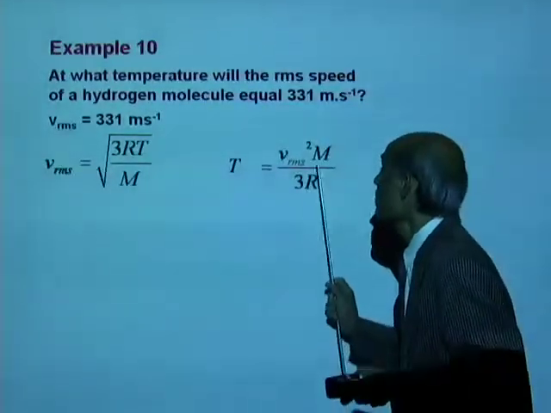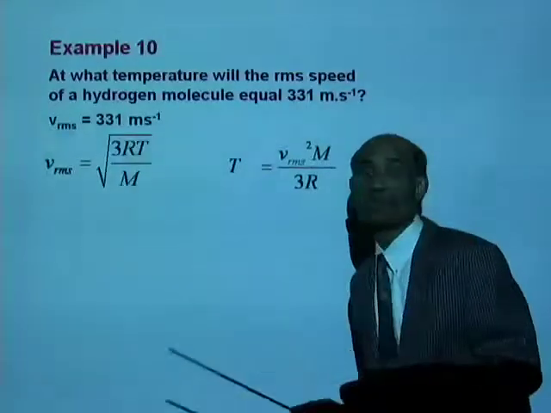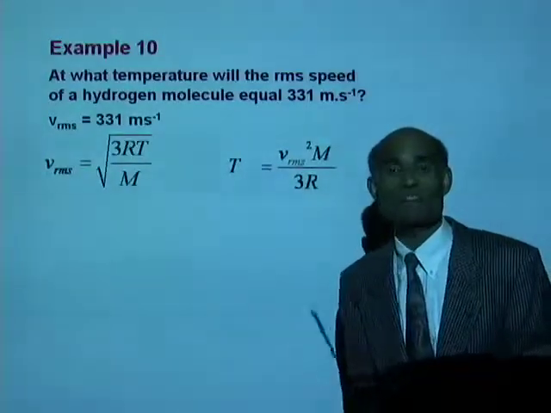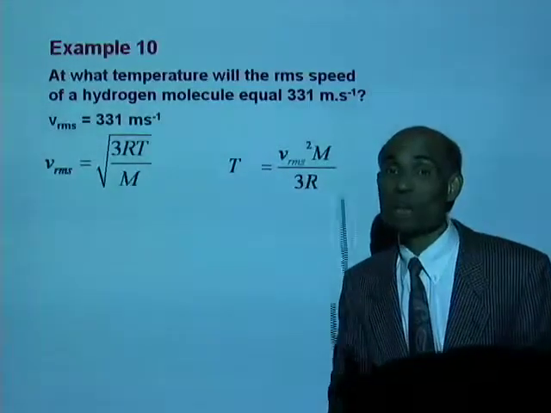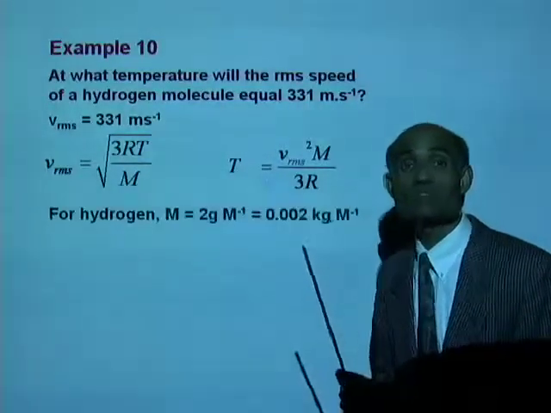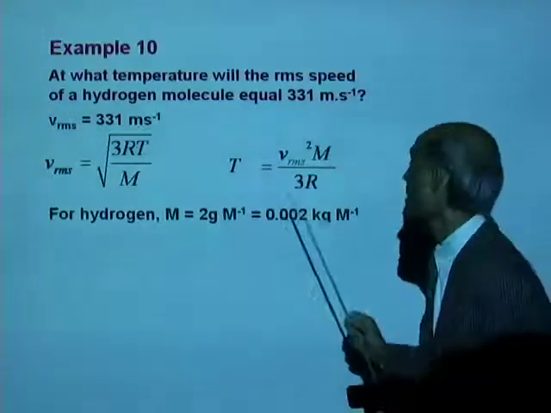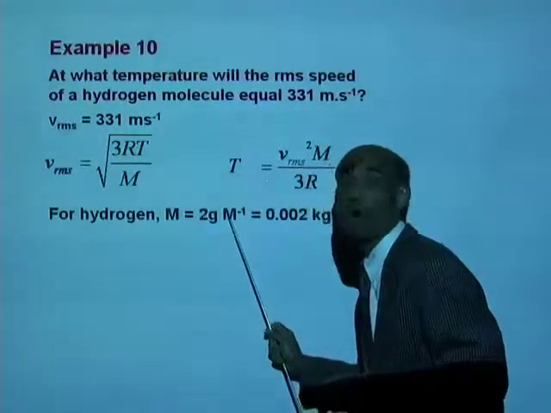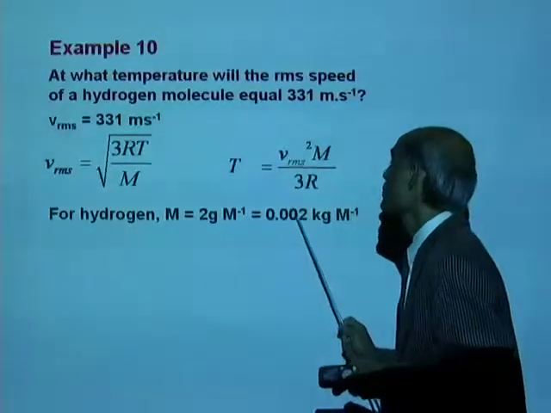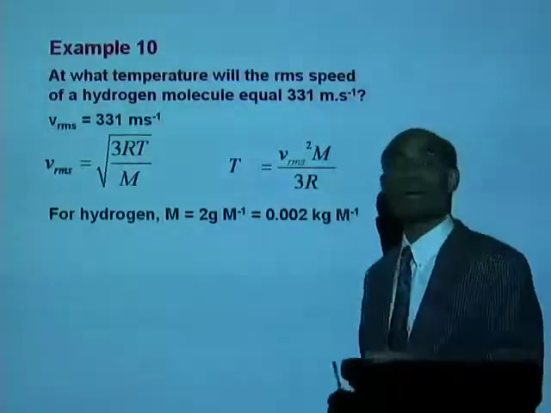You know the value of R. Do you know the value of M, the molar mass of hydrogen? The molecular weight of hydrogen is 2. That means the molar mass is 2 grams per mole, which is 0.002 kilogram per mole.